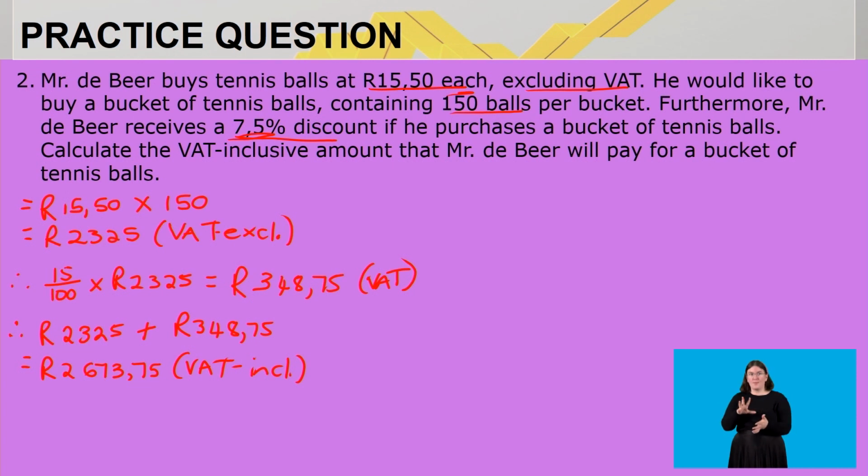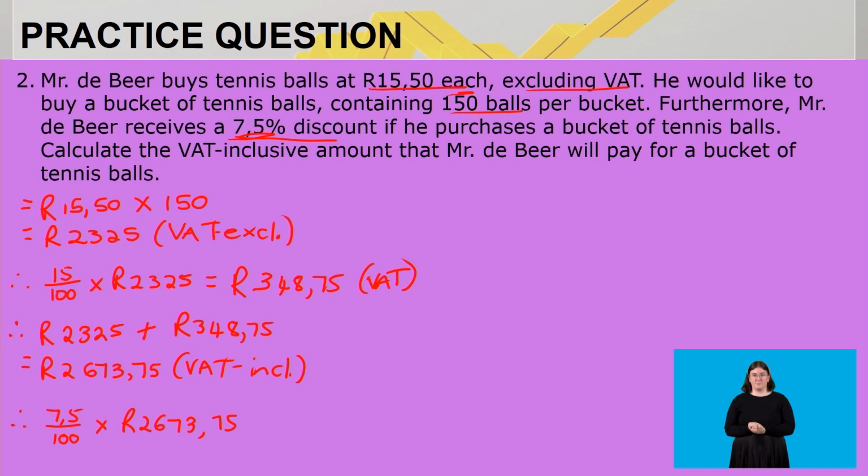Okay, so therefore I still need to see what is the 7.5% discount, and remember, I must then subtract it. So let's calculate what is 7.5%, so 7.5 over 100, multiply by 2,673 Rand and 75 cents. So let's type that in. 7.5 divided by 100 multiply by your 2,673 Rand and 75 cents.